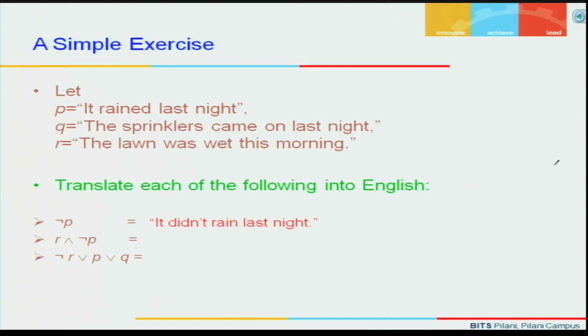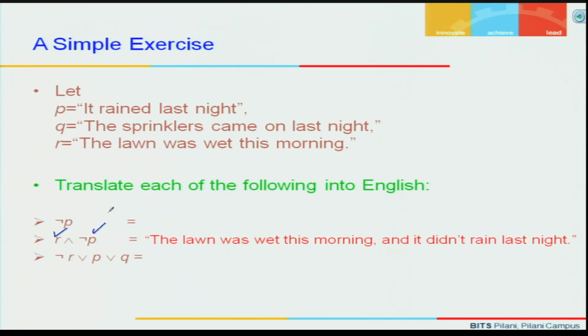It tells us that it did not rain last night. And what about the binary operator and, acting upon R and not P? This says the lawn was wet this morning and it did not rain last night.